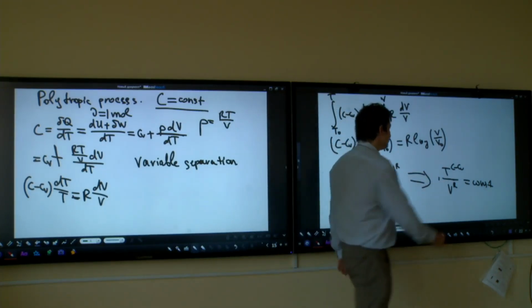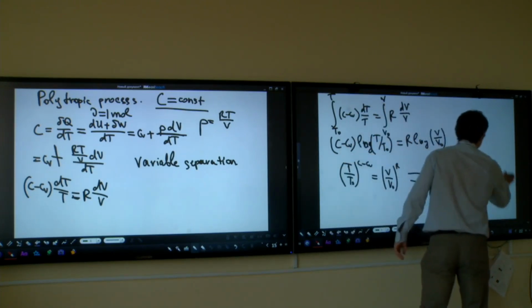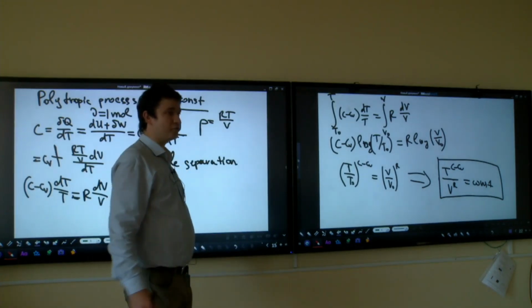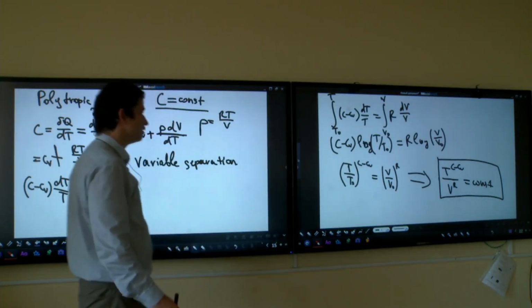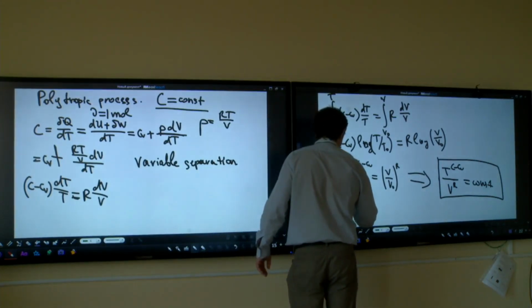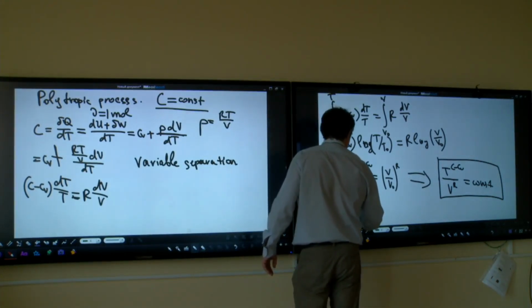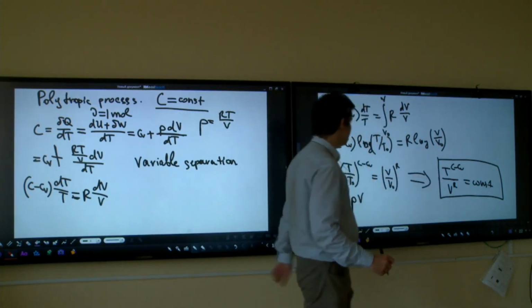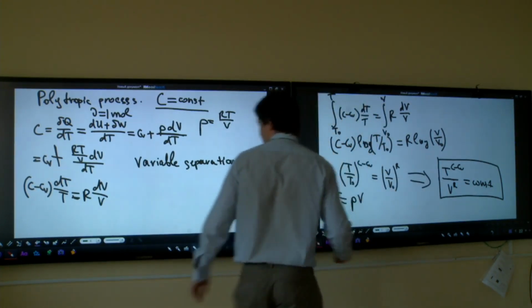That gives you the equation for all polytropic processes. This can also be written in PV coordinates. To write this in PV coordinates, I remember that RT equals PV. So actually, I can write the following.